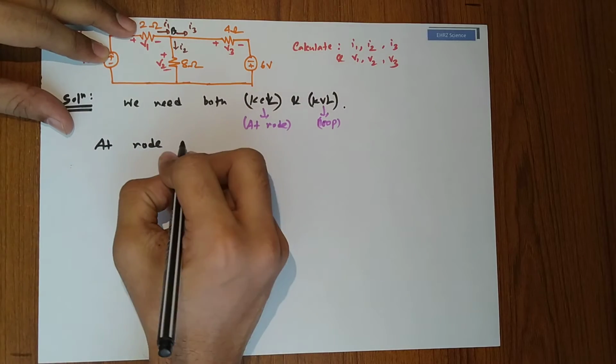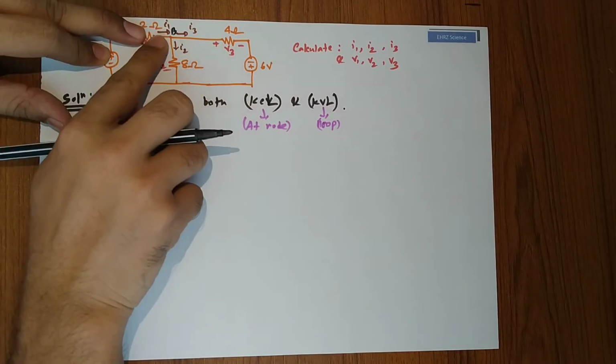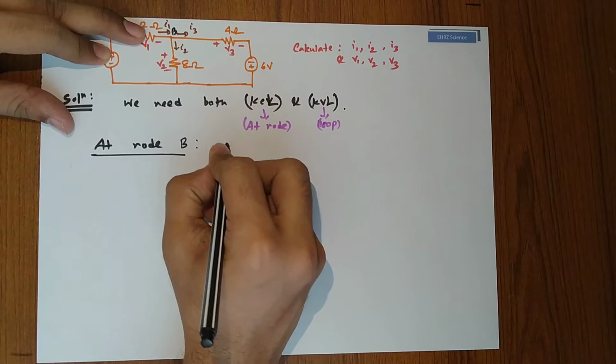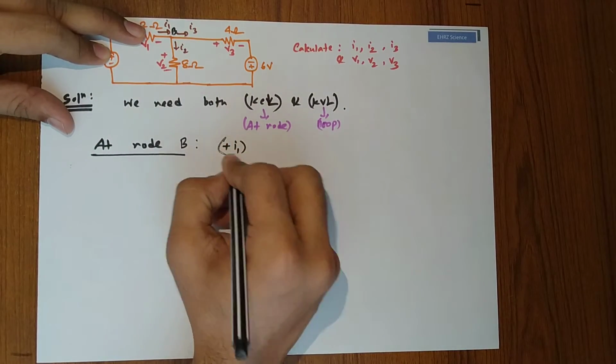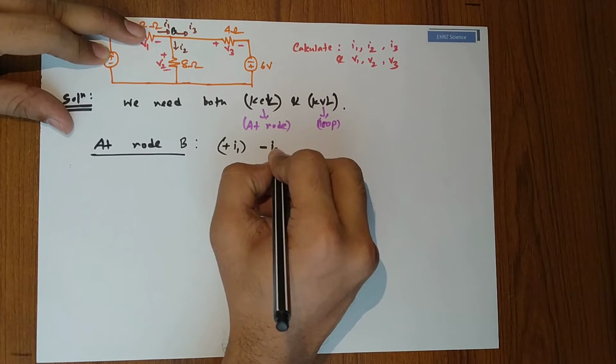Now at node B, I1 current is entering, so this is positive I1. I3 current is leaving, so this is negative I3.